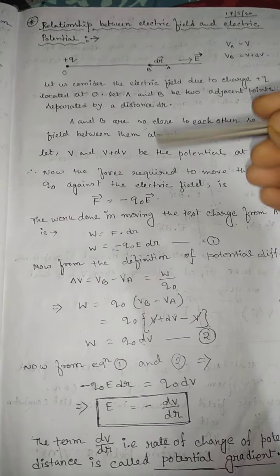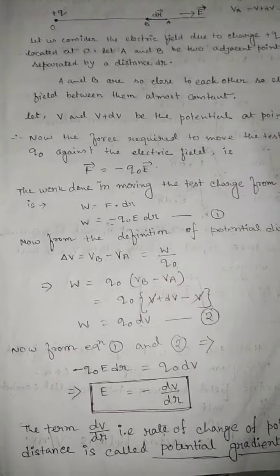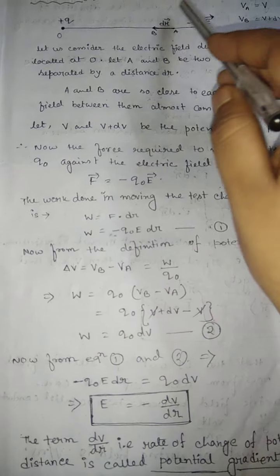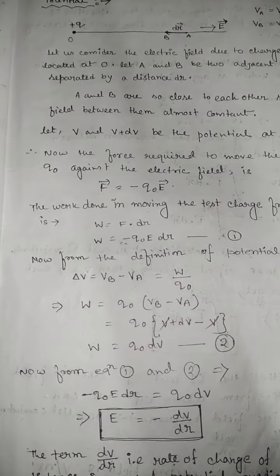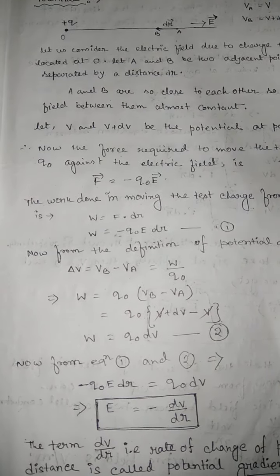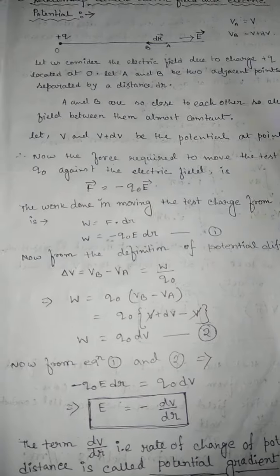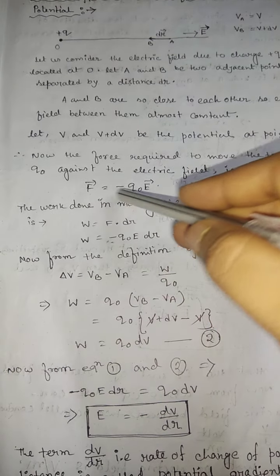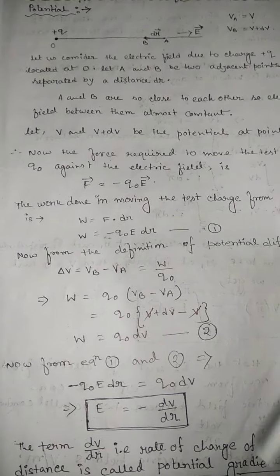Okay, so now we consider another test charge, because this is the source charge, and the test charge is situated at point A. Now it experiences a force due to the source charge. To move the test charge against the electric field, we know that force is equal to minus Q naught into E, from the definition of electric field.